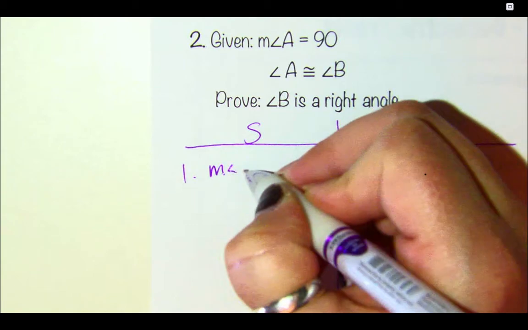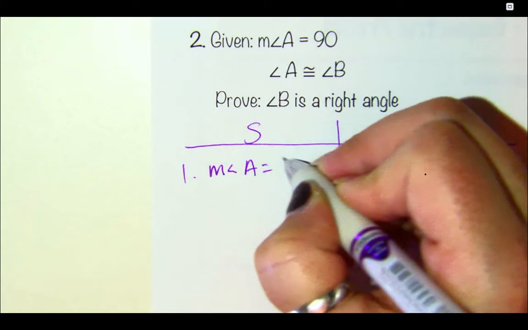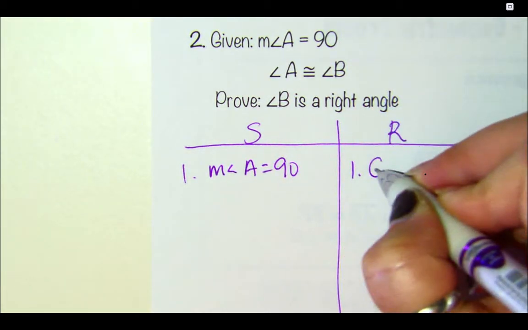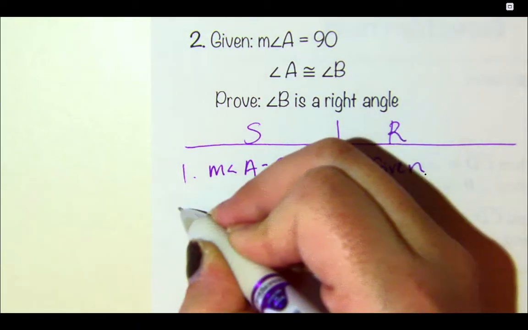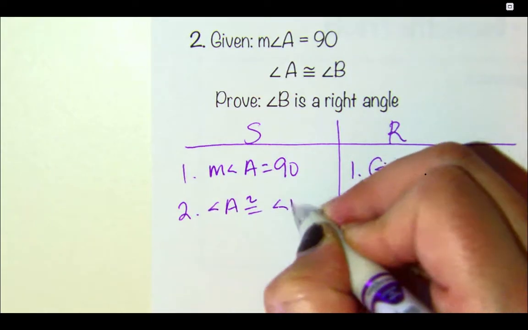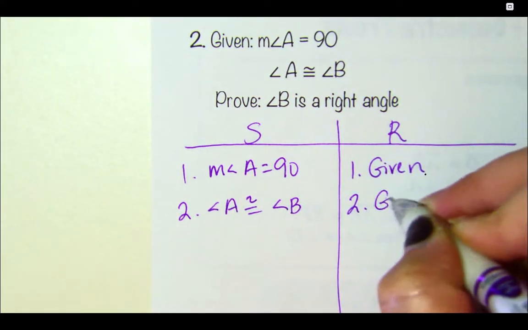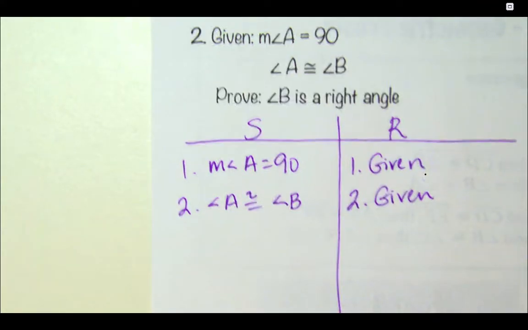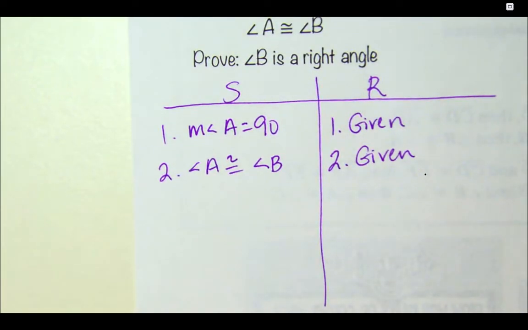Measure of angle A equals 90. And angle A is congruent to angle B. So we're trying to prove that angle B is a right angle.